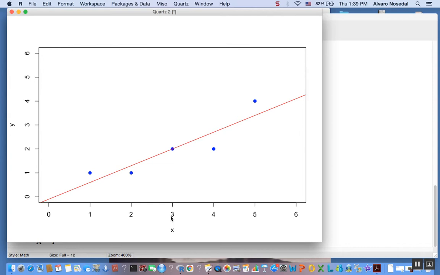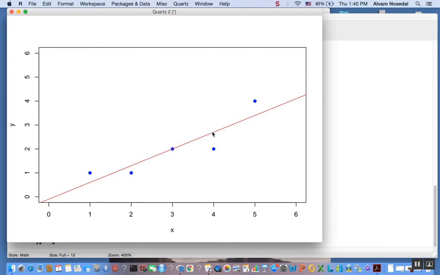But then because we could propose another one, a different line, how do we know that we have the best line? The idea will be measuring the vertical distances between your predictions, your red line, and your blue dots. The blue dots represent your observations, the red line your prediction.